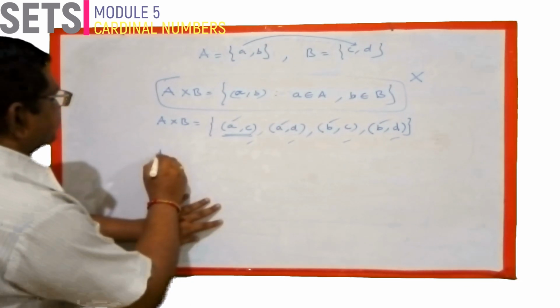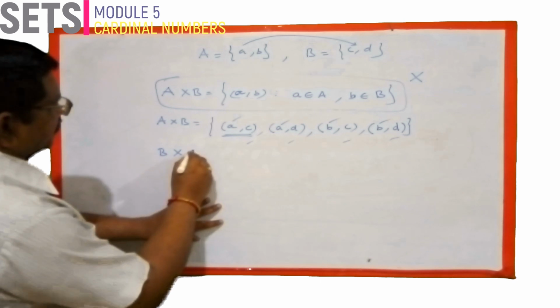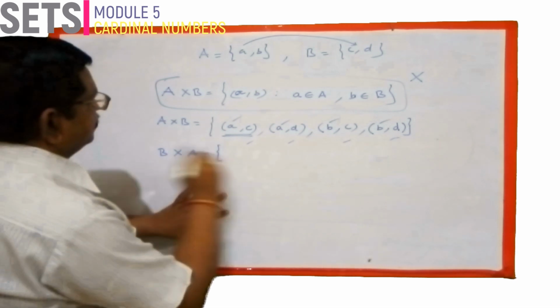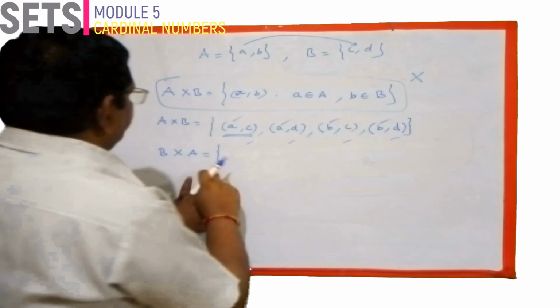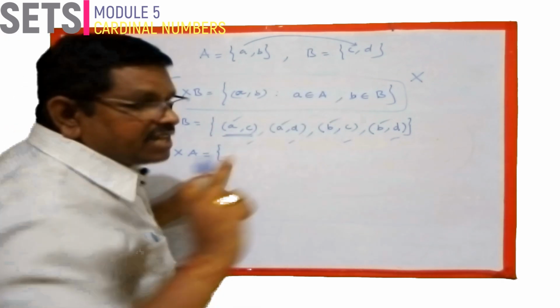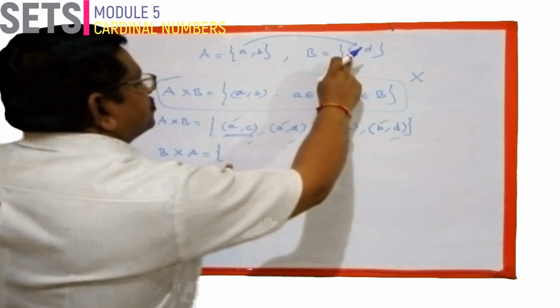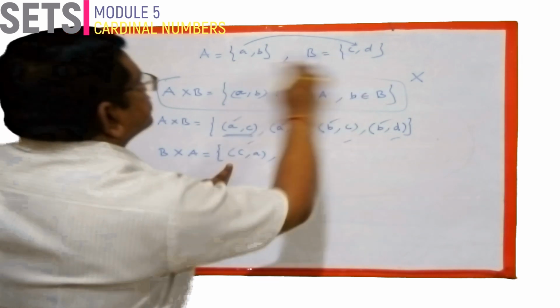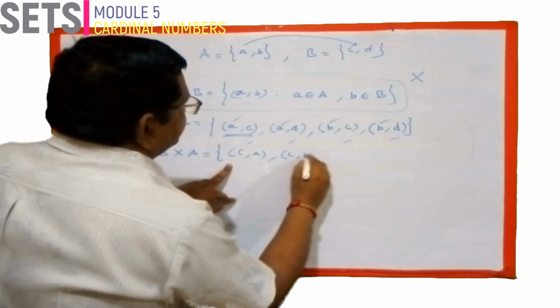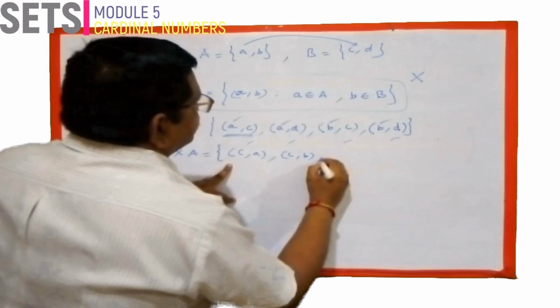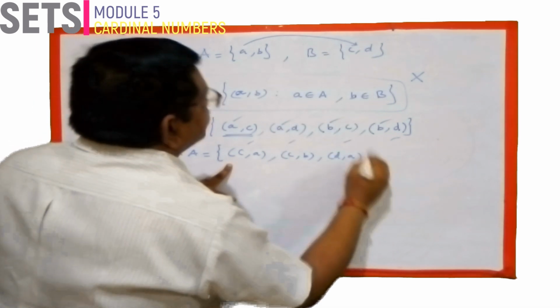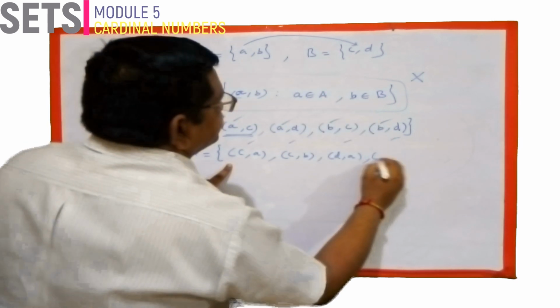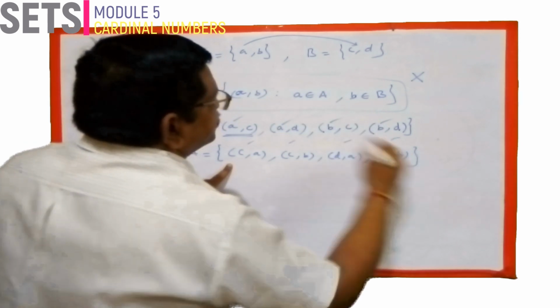If we are finding B cross A, what may happen? B cross A means you have to take all the first elements from set B. So C comma A, C comma B, D comma A, D comma B. Check them.